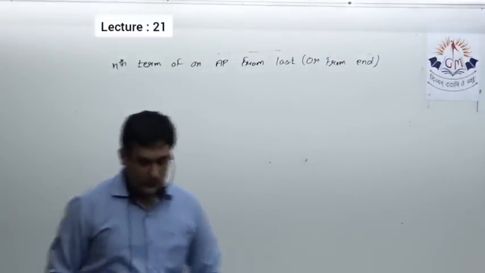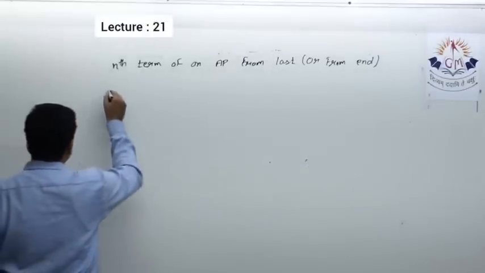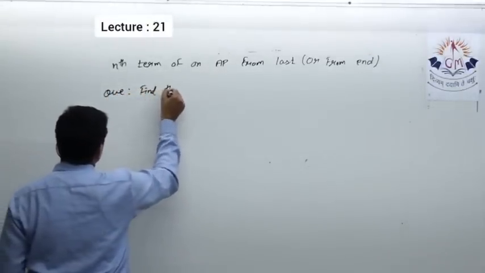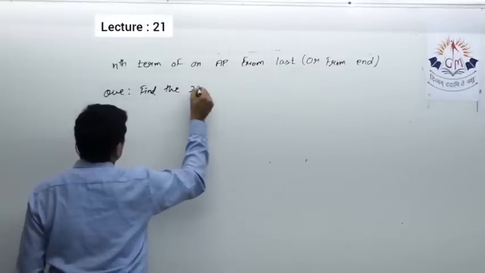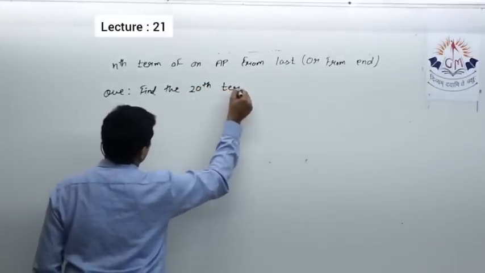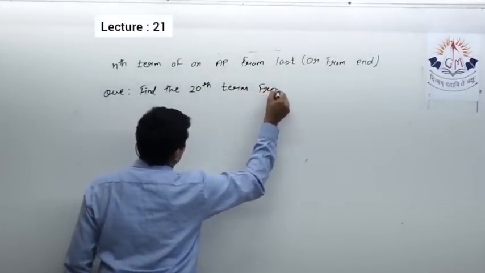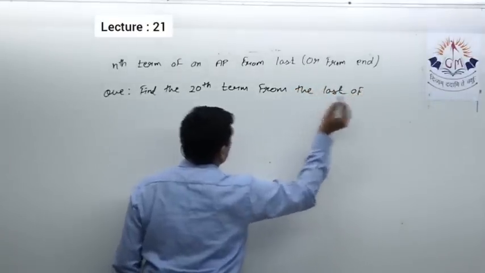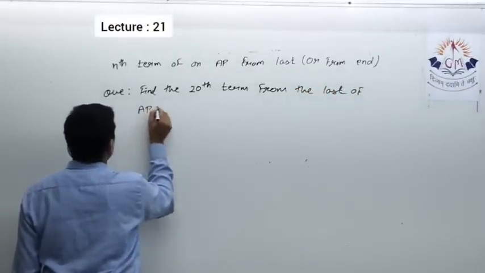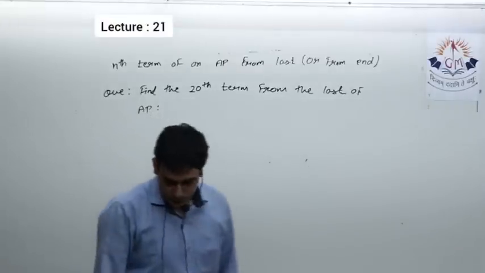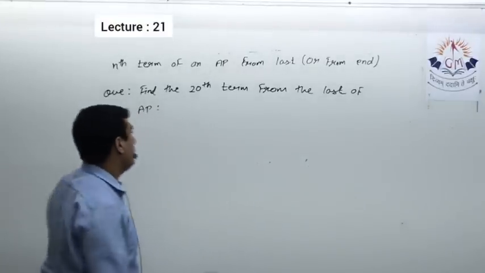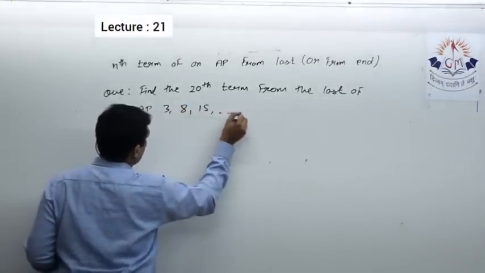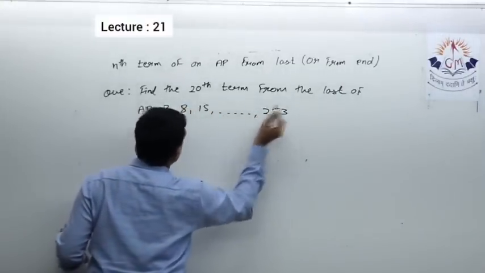Find the 20th term from the last of the AP. The question is, find the 20th term from the last of the AP. One AP is given: 3, 8, 13 up to 253.